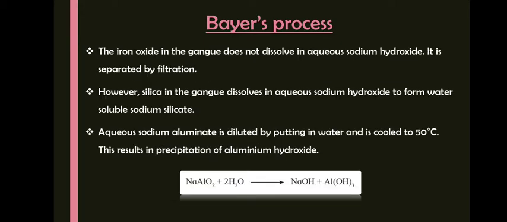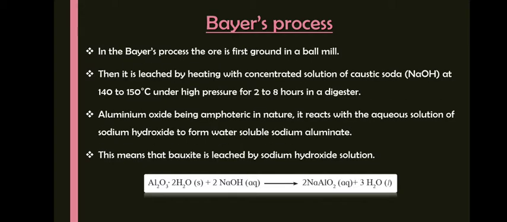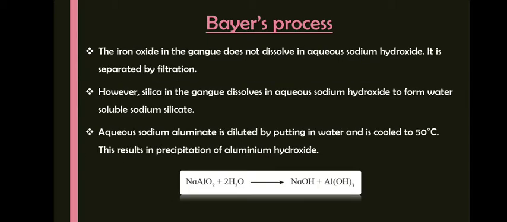Now here sodium aluminate is diluted by putting in water and then it is cooled to 50 degrees Celsius. See here, the temperature is around 140 to 150 degrees Celsius. Here it is cooled to 50 degrees Celsius. And because of this, precipitation of aluminium hydroxide, that is Al(OH)3, takes place. Followed?